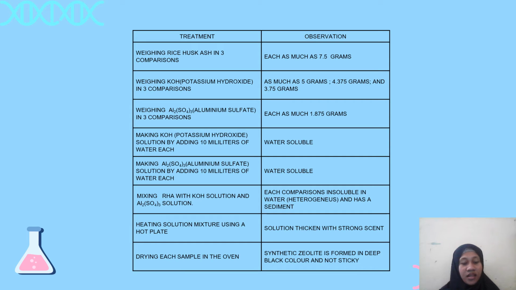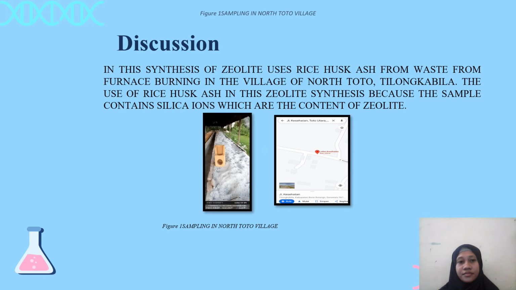Then heat the mixture using a hot plate. The observation is that the solution thickened with a strong skin. Dry each sample in the oven. The synthesized zeolite is formed in black color and is not sticky.